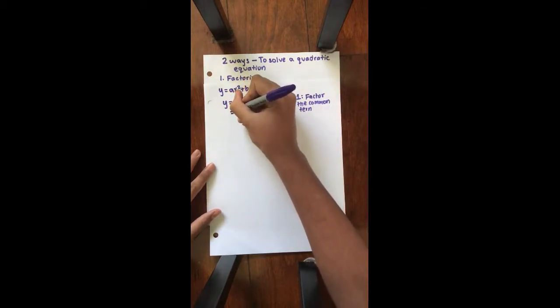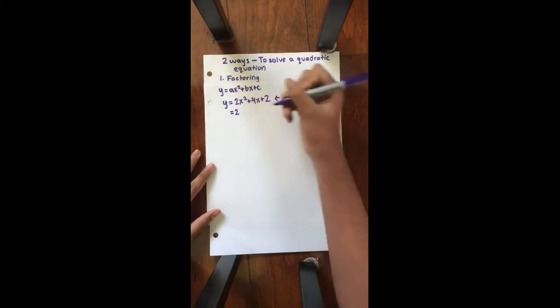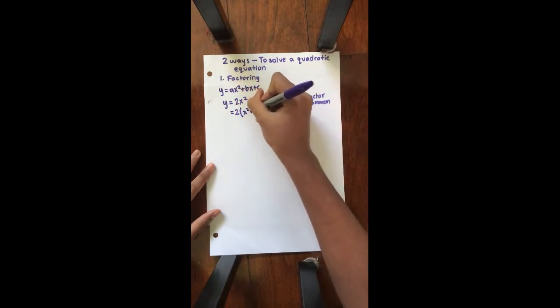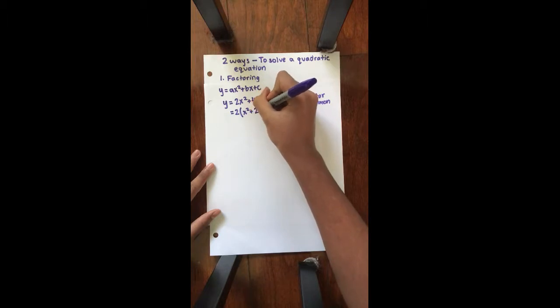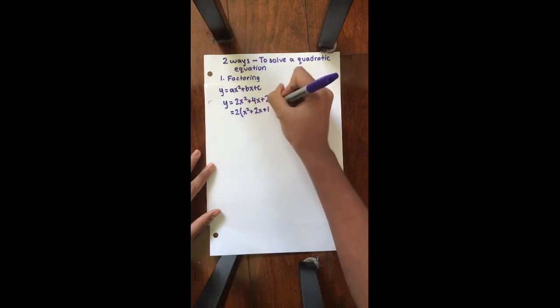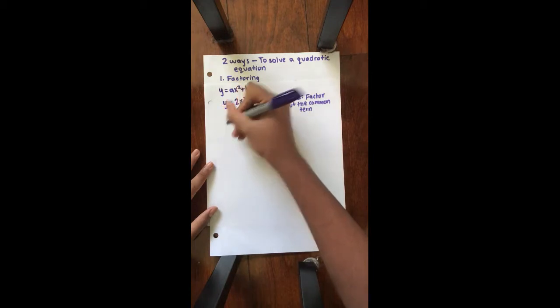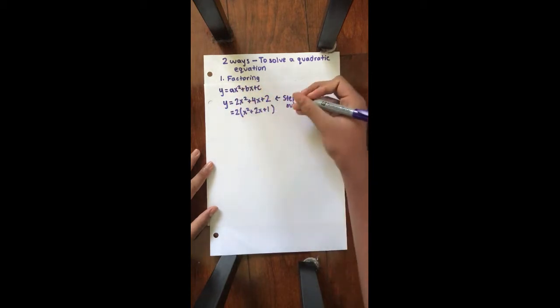If you factor out the 2, you get x squared plus 2x plus 1. We've just changed the form from ax squared plus bx plus c to x squared plus bx plus c, which makes solving this equation easier. So we have x squared plus 2x plus 1.